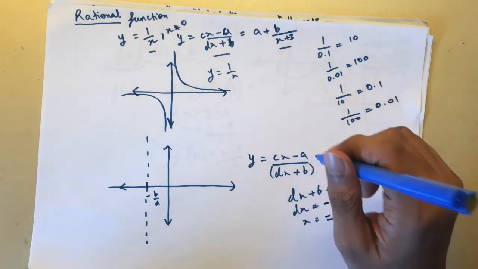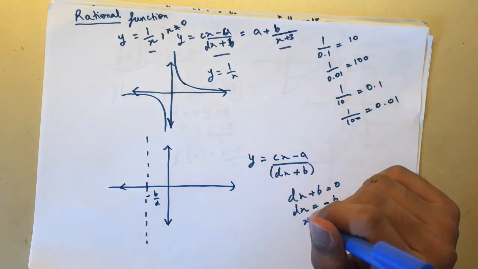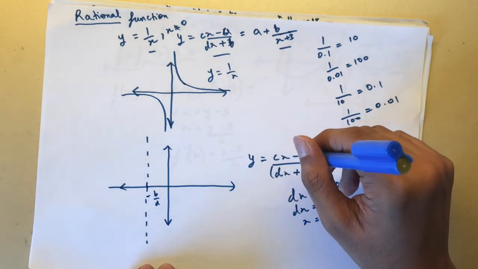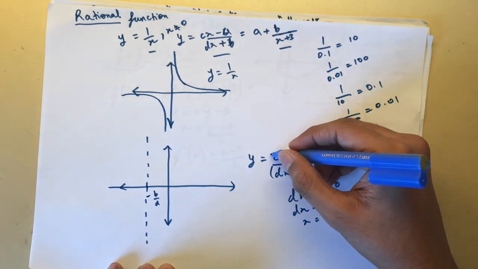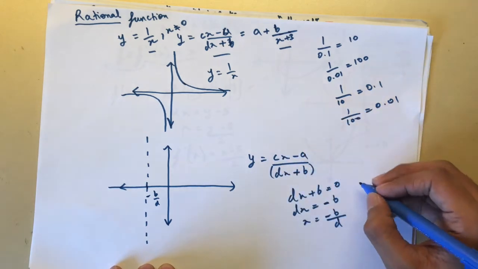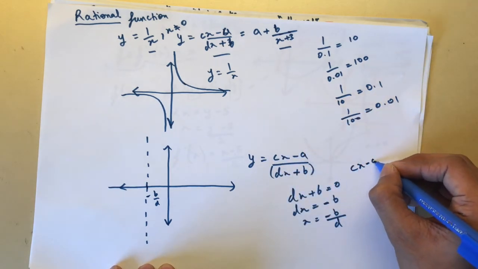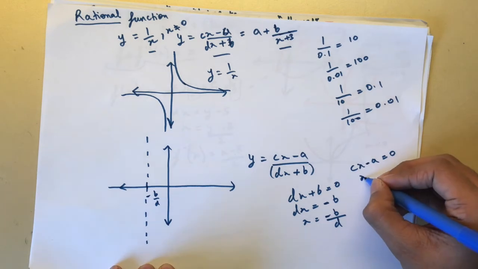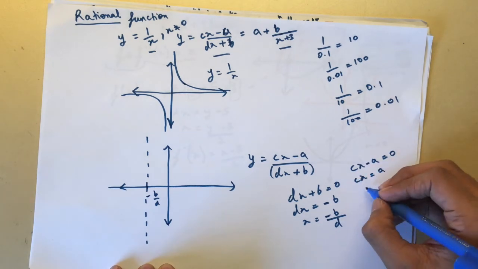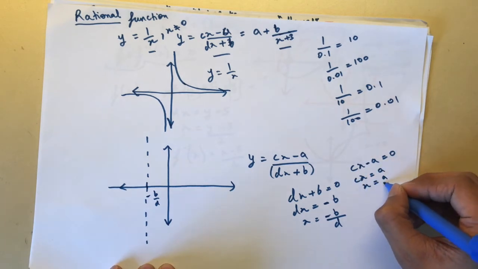We would also have to know where the function is equal to 0, and the function can only be equal to 0 when the numerator is equal to 0. So we would say that cx minus a is equal to 0, cx is equal to a, and x is equal to a upon c.